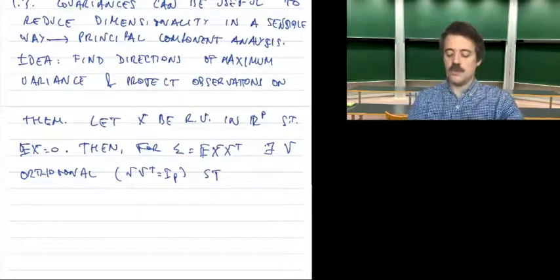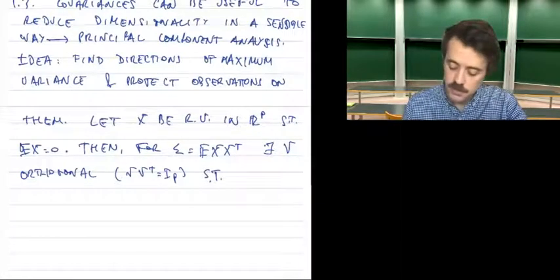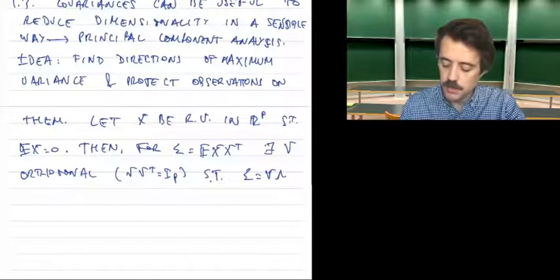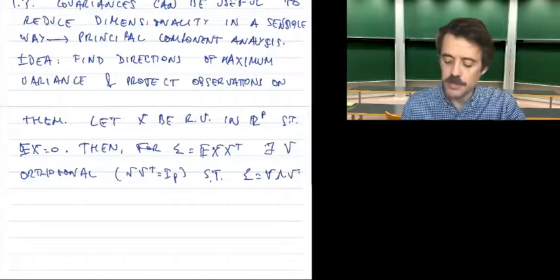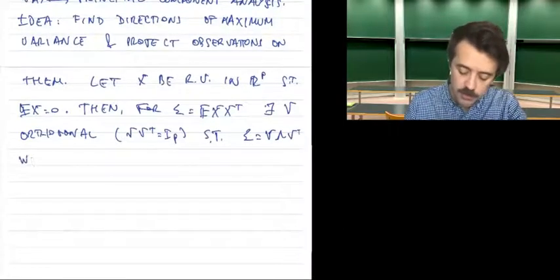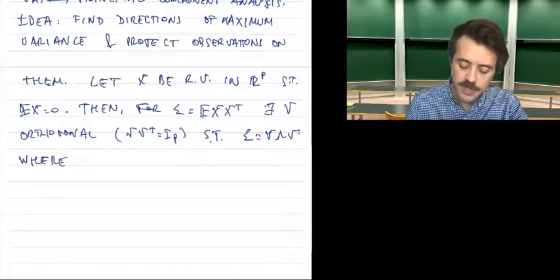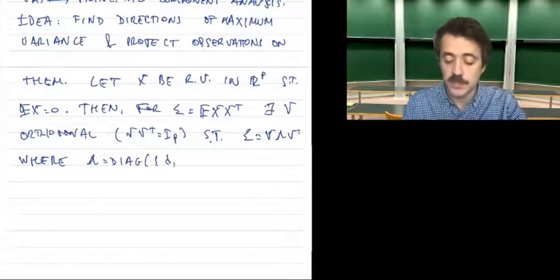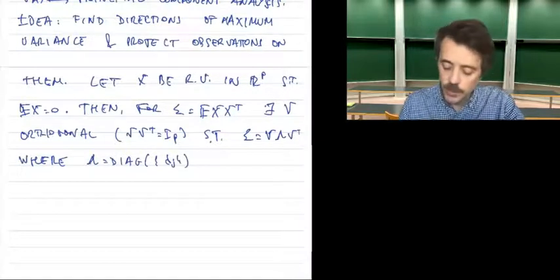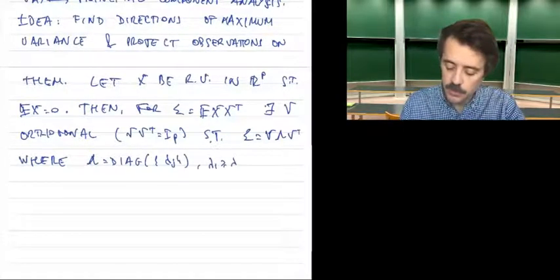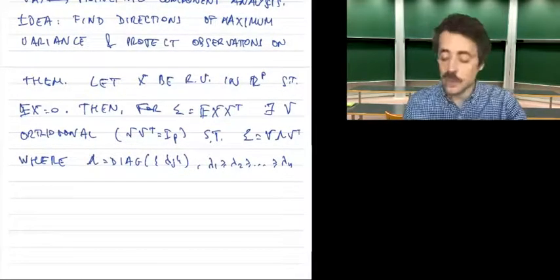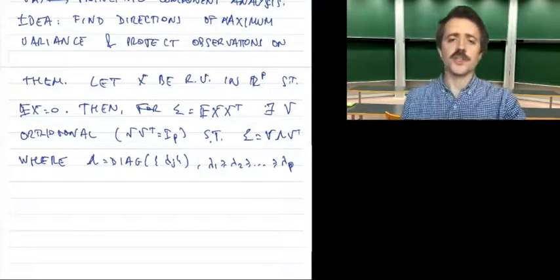So it is going to be such that sigma can be written as the product of this V and some capital lambda, and then V transposed, where this capital lambda is just a diagonal matrix with lambda j's, where lambda 1 is greater than or equal to lambda 2, and so on up to lambda p. So we order them in decreasing order.